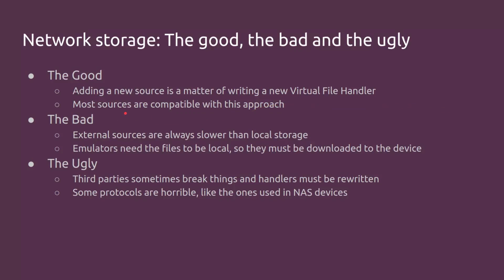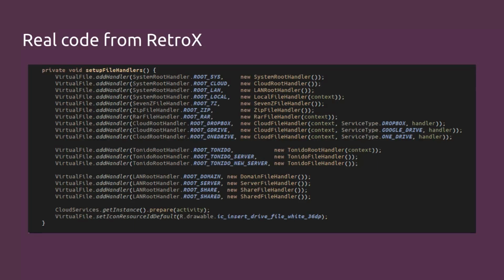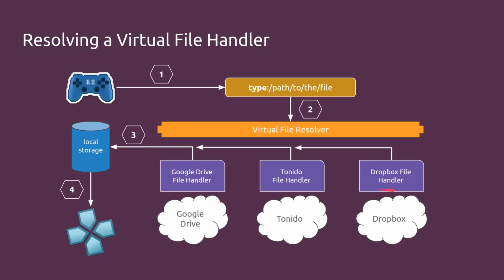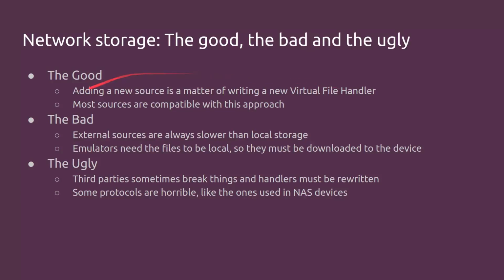Well, about the network storage, we can say that there is the good, the bad, and the ugly. The good is that adding a new source of files is a matter of writing a new virtual file handler. It's quite easy. So I only need to write another one of these to have support for new types of storage. The other good thing is that most sources are compatible with this approach.